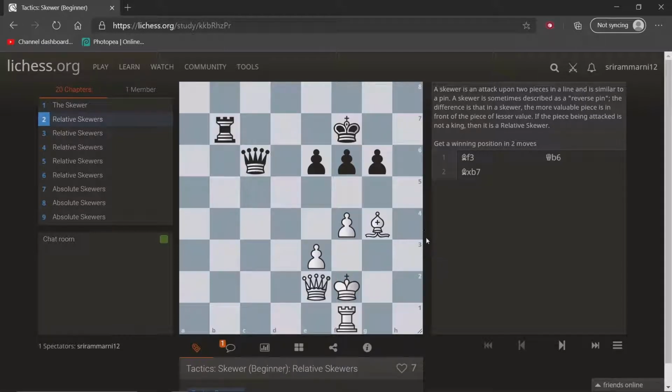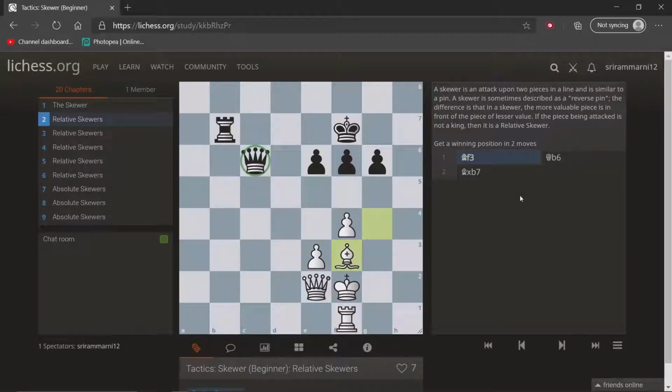So now let's get started with relative skewers. A relative skewer is basically just any skewer where the piece getting skewered is not a king. For example here, the skewer is bishop to f3, queen to b6, and bishop takes on b7. It's a pretty neat skewer, right?